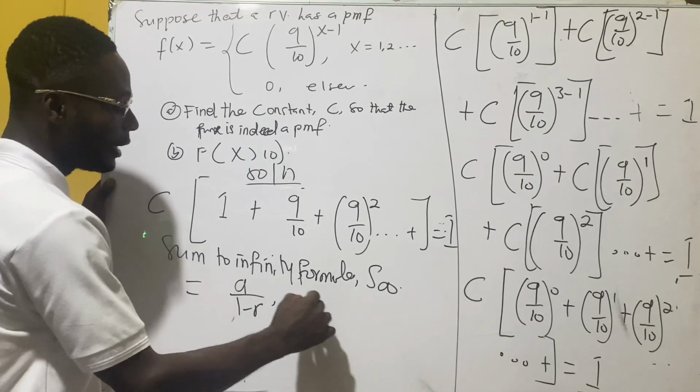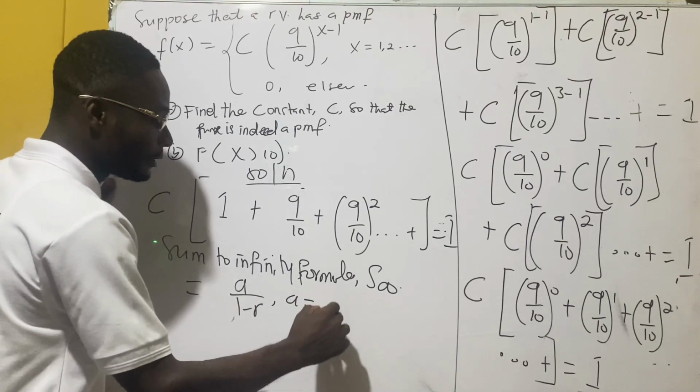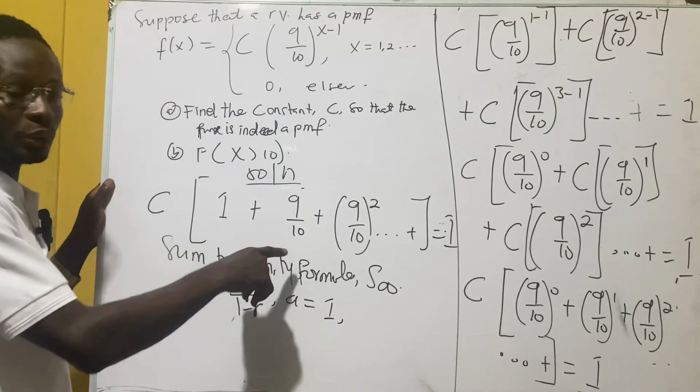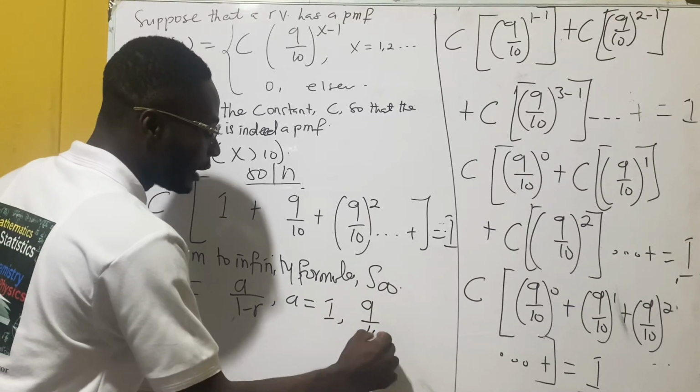And here our a, which is the first term, is 1, and our ratio is 9 on 10.